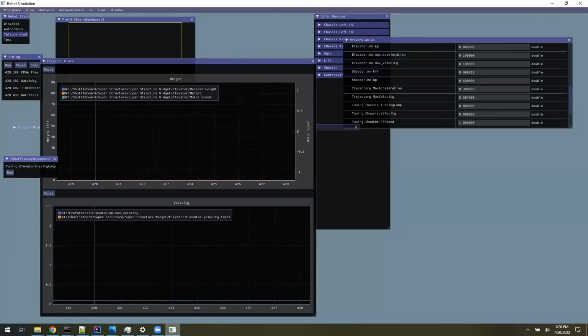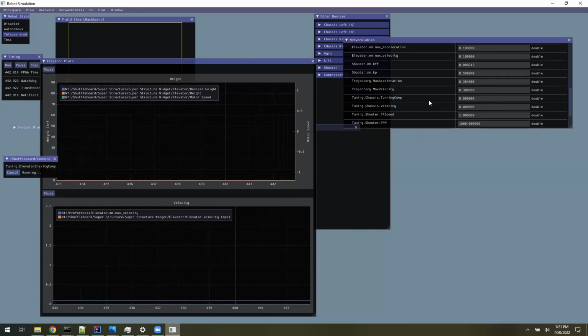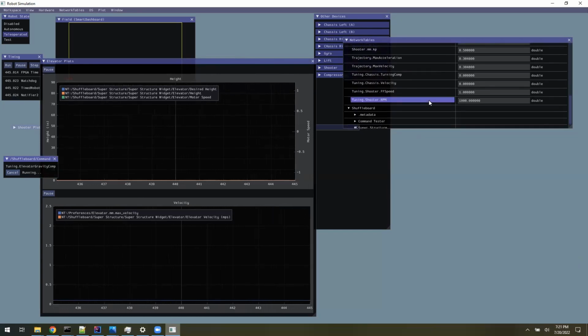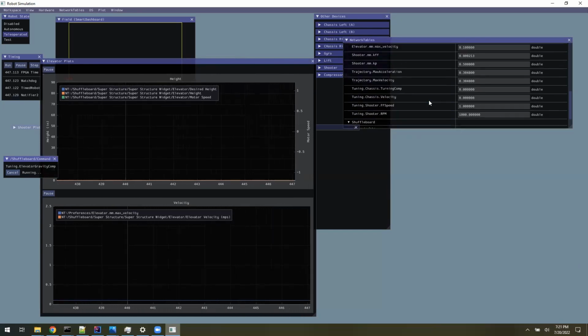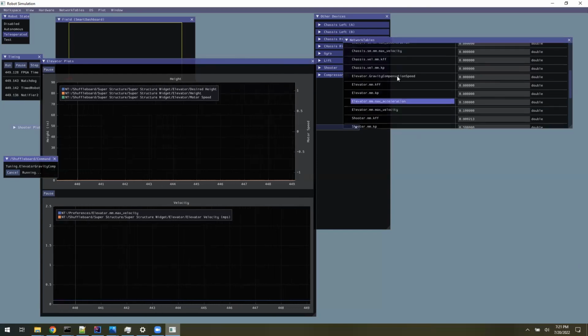We want to find what percent output it takes before the elevator holds its own weight. I've got velocity down on this bottom chart, and I want to tune this elevator gravity compensation speed.